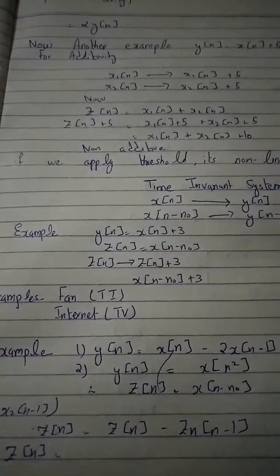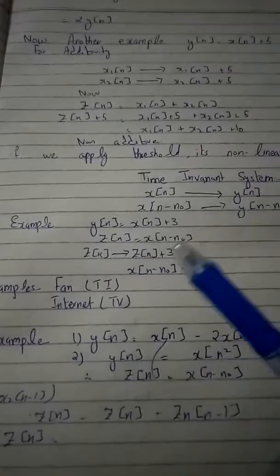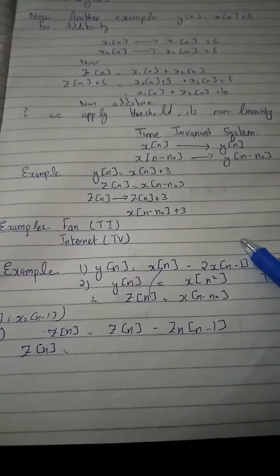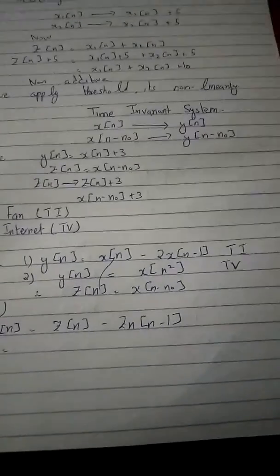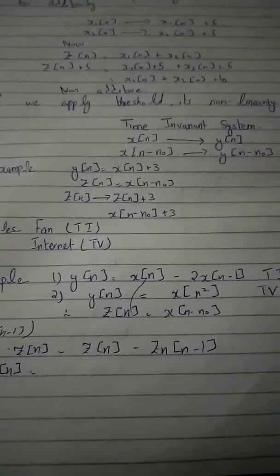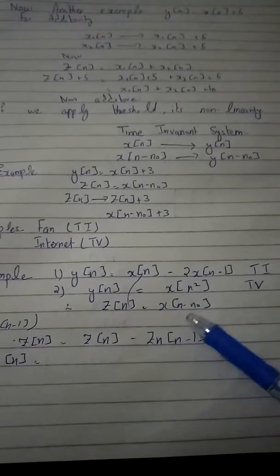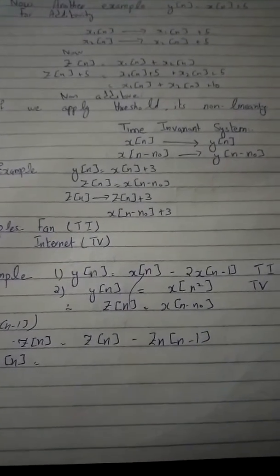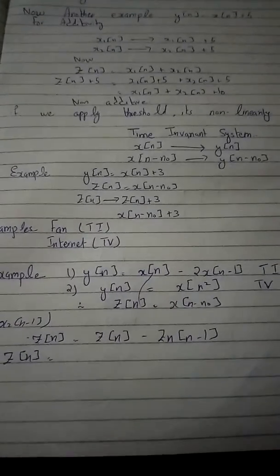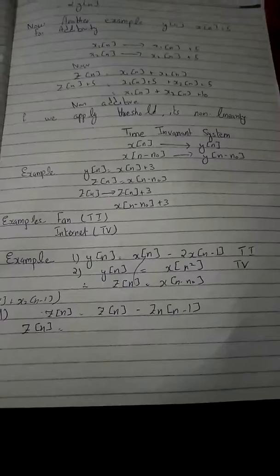Some examples of time invariant systems are a fan and the internet. Now consider another example to show whether it's time invariant or variant. We have these examples. The first one is simply time invariant, whereas the second one has a square. If we expand the square, we have some different values, so it's a time variant system.